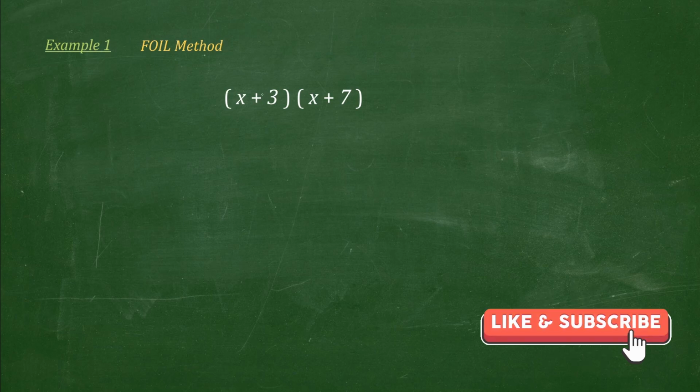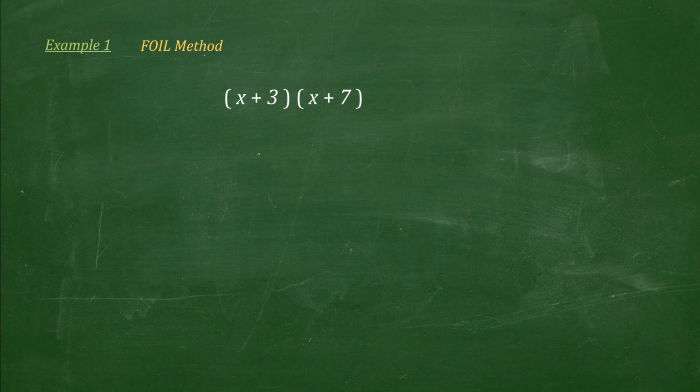What if we're trying to multiply these binomials? Since we're new at this, we write F, O, I, and L as guides. So we multiply the first terms first, these two, set it up, x times x. Then we write plus.